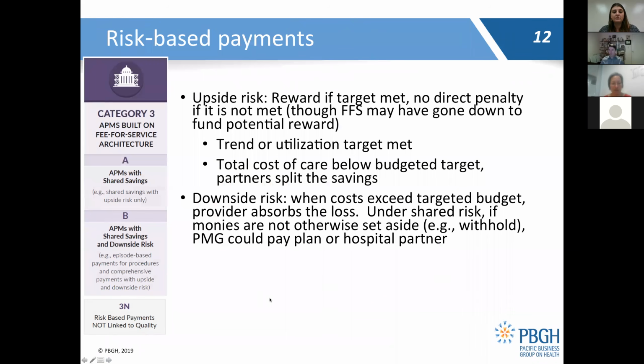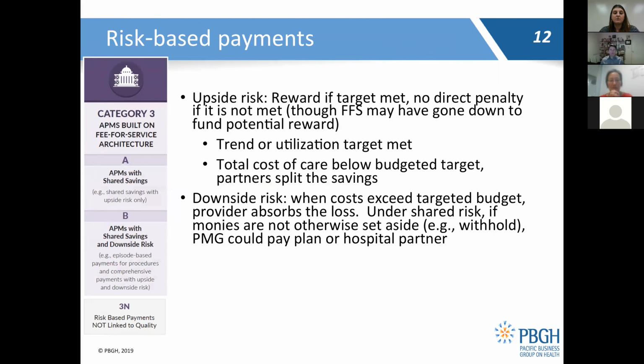Okay. So we're moving into category 3, which includes risk-based payments. And since many of you overwhelmingly indicated that you had familiarity with capitation, I won't spend a huge amount of time on the capitation structure itself in this context, but I think one of the areas that we've seen considerable variation on over the years is the degree to which there is upside and downside risk with respect to payments.